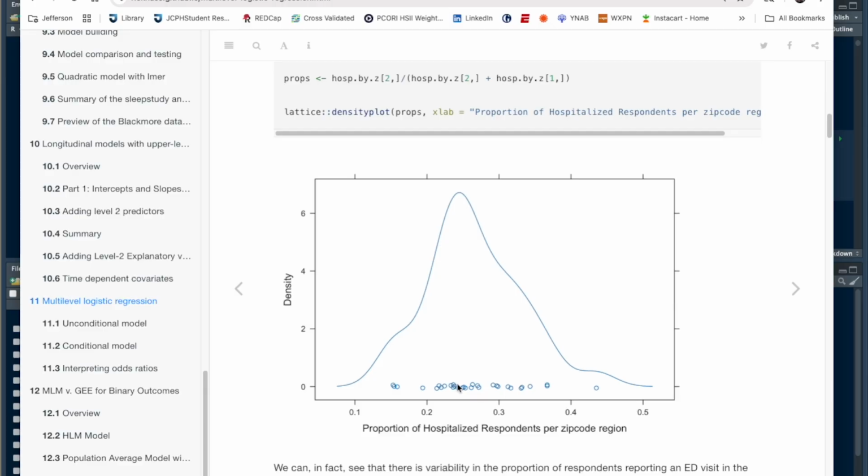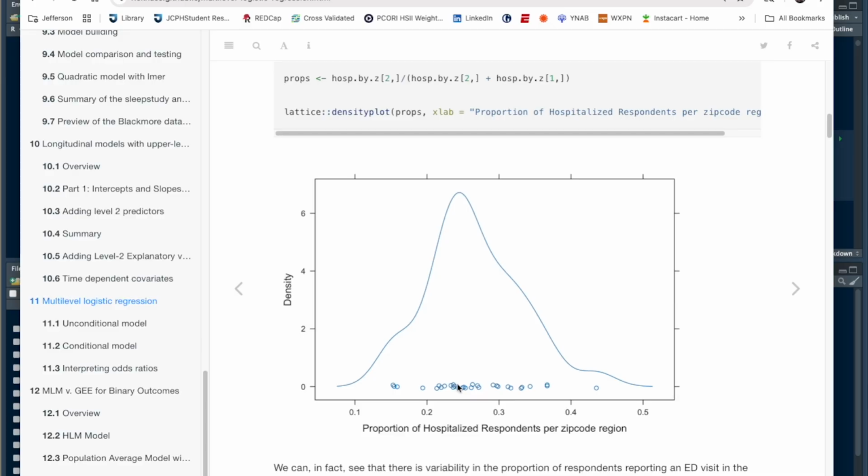So if you select a zip code at random, or a zip region, you're likely to have the people from that zip code automatically be more likely to go to the ED, versus some would be less likely, right?